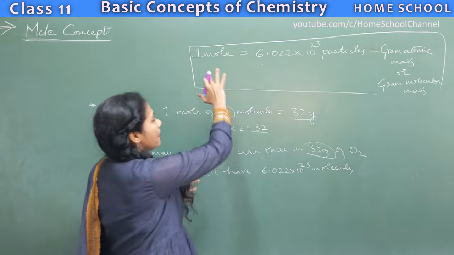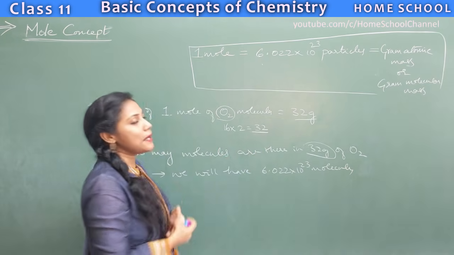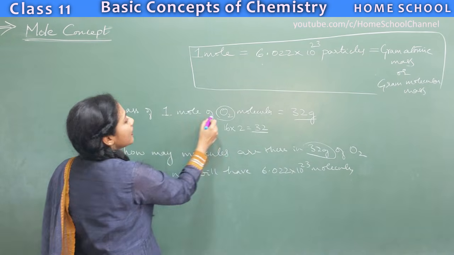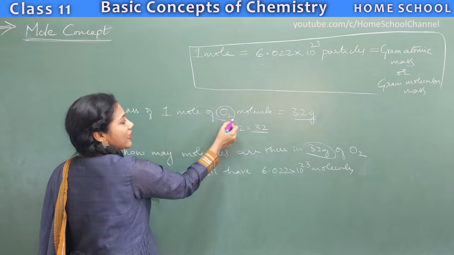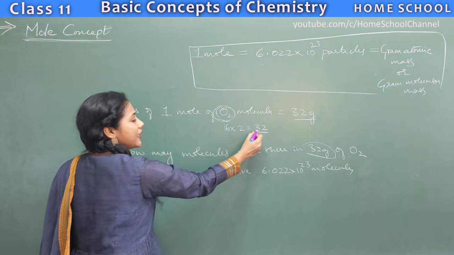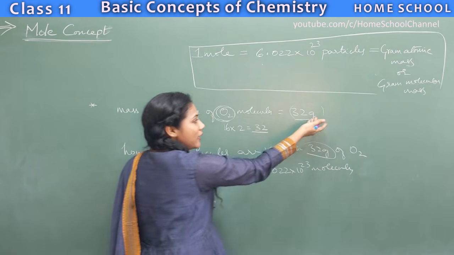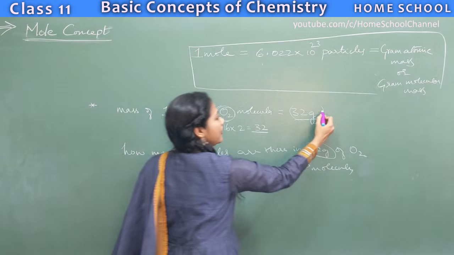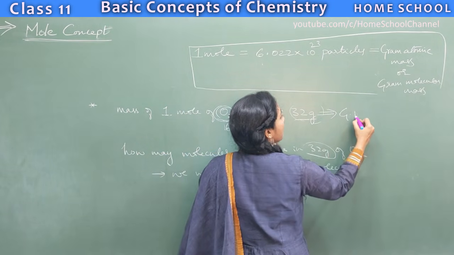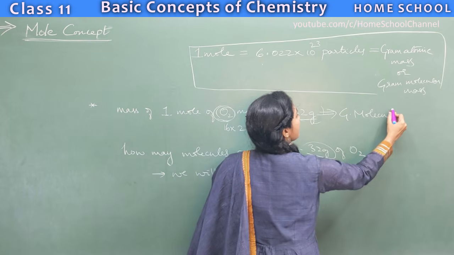Based on this relationship, I have shown you one example. What is the molecular mass of O2? 32. So 32, when you write it in grams, is what? Gram molecular mass only, no? This is nothing but gram molecular mass, right?